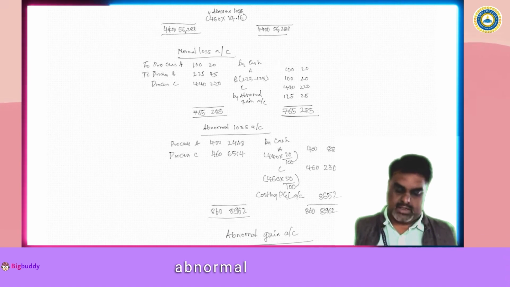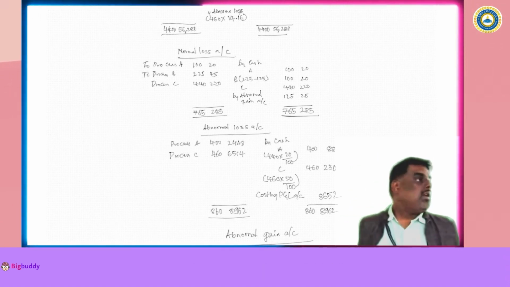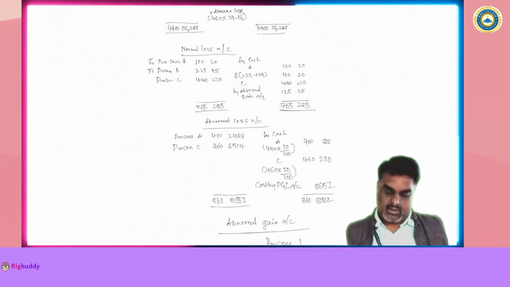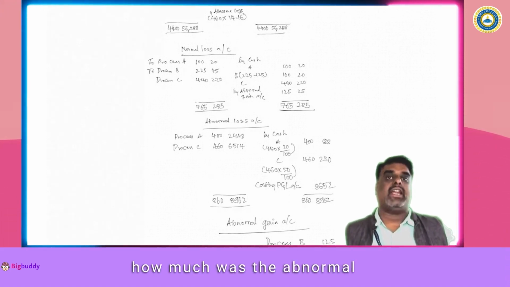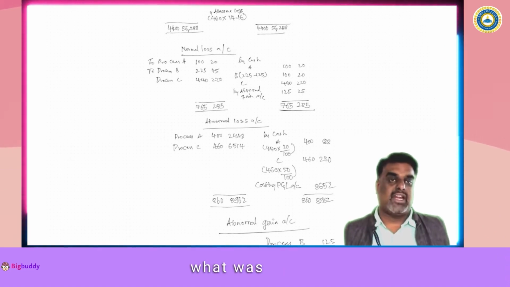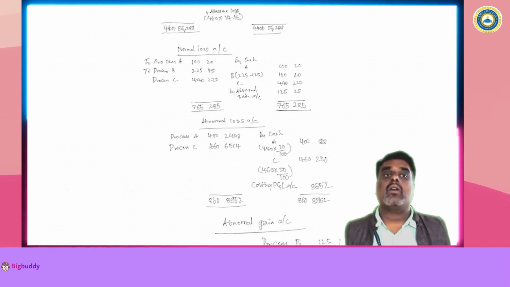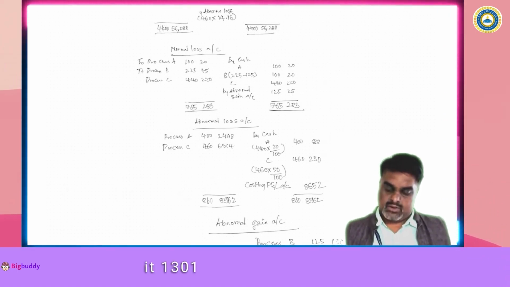abnormal gain account. Where did we have abnormal gain? Process B. How much was the abnormal gain? 125 units. What was its value? 1301.